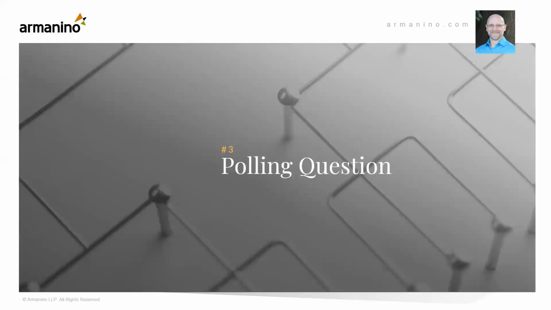And that, my friends, brings us to polling question número 3. Don't worry, I'm not going to ask the question in Spanish. True or false? With the new Sage Fixed Assets Management module, you can create fixed assets from journal entries. Ooh, that's a tricky one. What do you guys think?